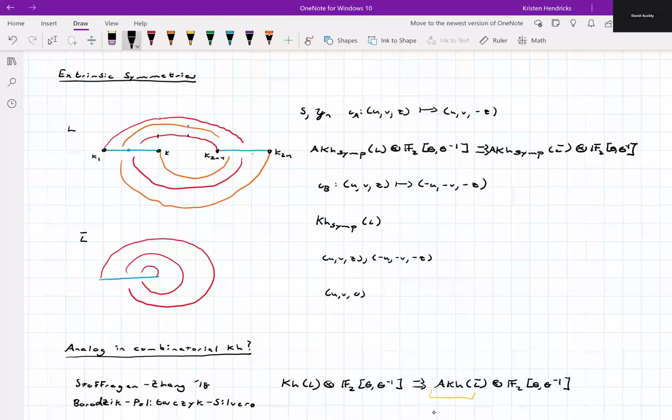You can't have (u, v, 0) and (-u, -v, 0) as a pair of elements in a point in the fixed set. No matter if you started with the whole non-annular theory, you're going to end up not seeing anything that lies above 0 in the fixed set. So indeed, the theory the fixed set corresponds to is annular symplectic Khovanov homology.